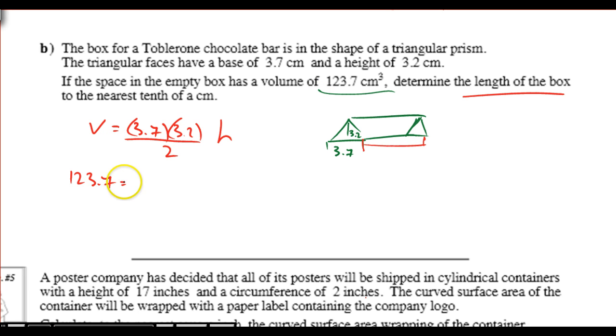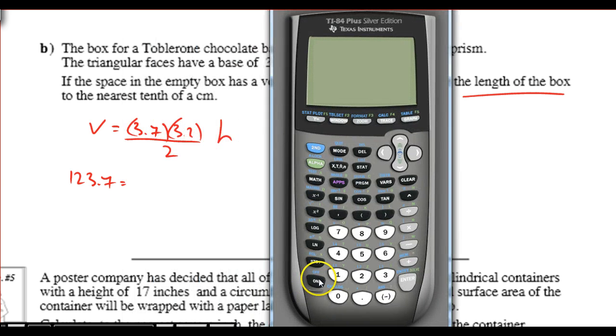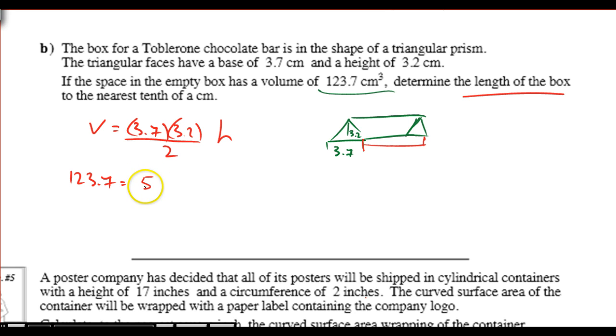Okay, so the volume is 123.7. I should get my calculator out here. So 3.7 times 3.2 divided by 2 is 5.92. So 5.92 times the height.